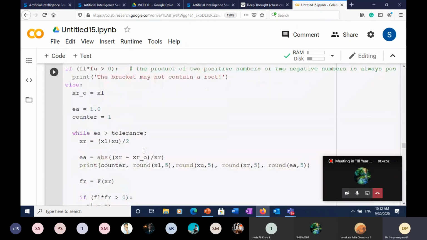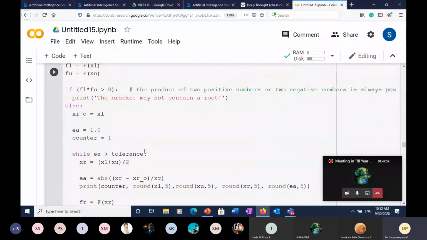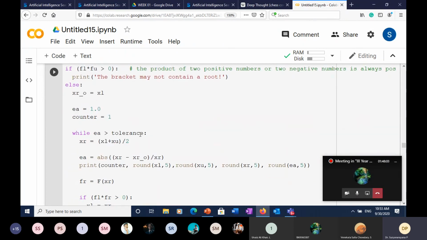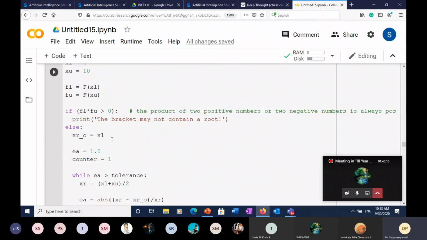So now I want to show you, in this case, you may not be very comfortable using the approximate error. You may think, how do we know that we can use the approximate error to estimate the real error? So for this problem, we know the true value.